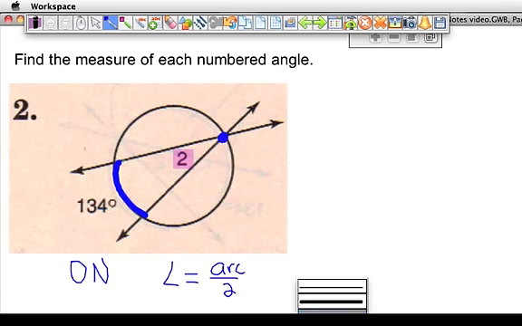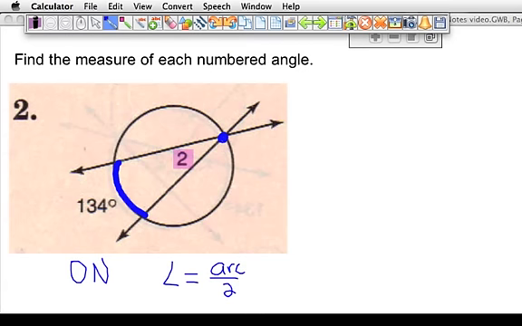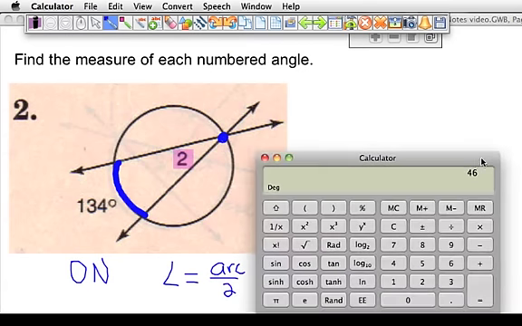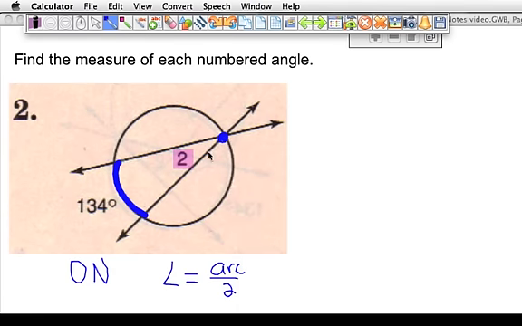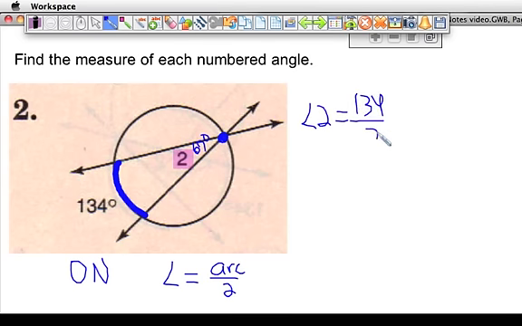The angle would have to be half of that, and just to make sure, I'm thinking it is 67. Let me make sure. 134 divided by 2. Yeah, so this angle is 67 degrees. So angle 2 equals 134 divided by 2. Angle 2 is 67 degrees.